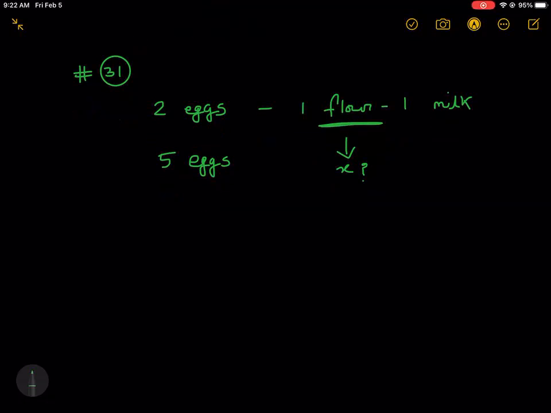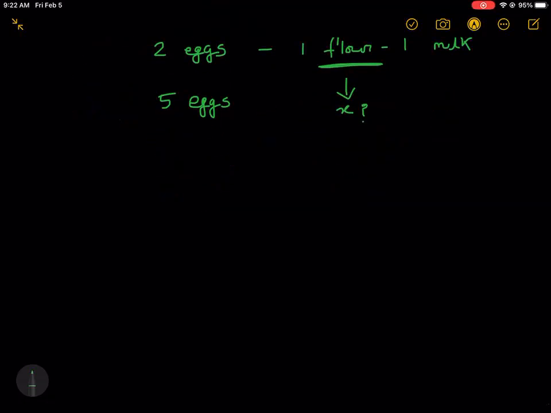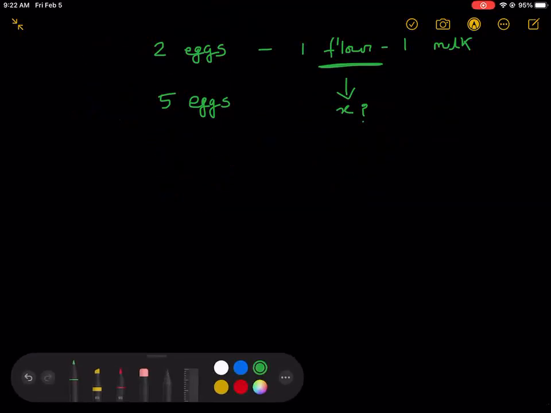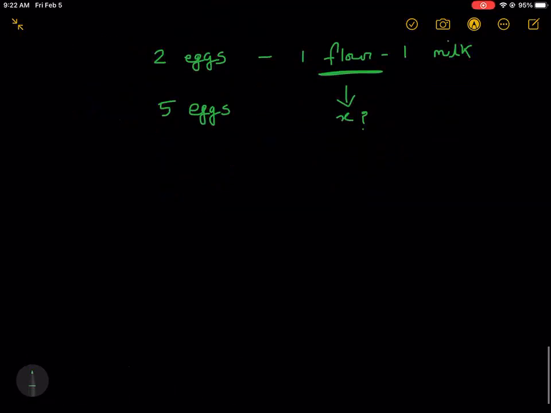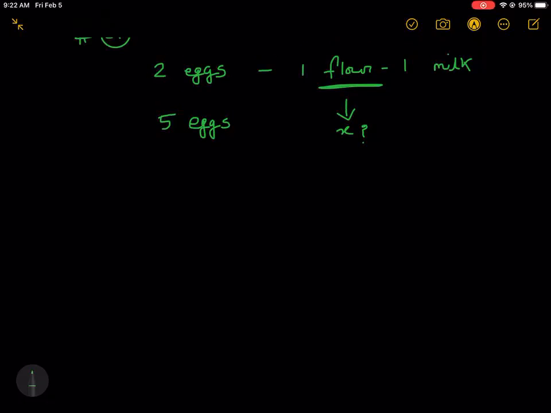So we can see if we take the ratio of eggs and flour, we should be going in the right direction. So for 1 cup of flour, we need 2 eggs. I'm taking the ratio of flour over eggs, okay?